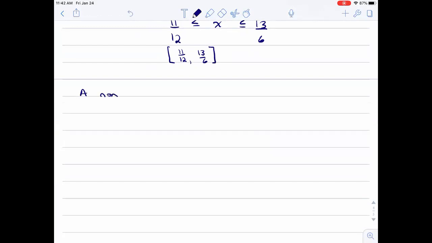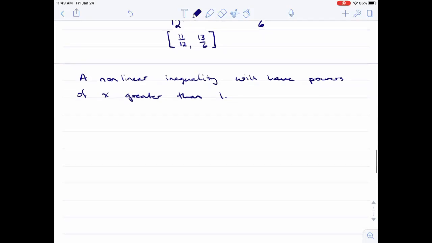A nonlinear equation or nonlinear inequality will have powers of x greater than 1. If it has a power of 1, it's a linear equation or a linear inequality.